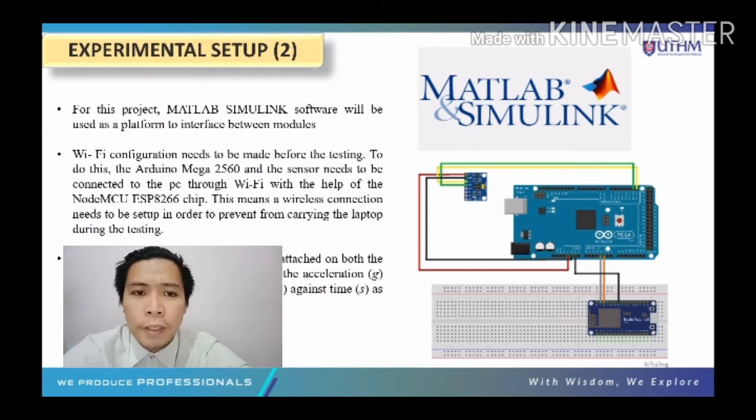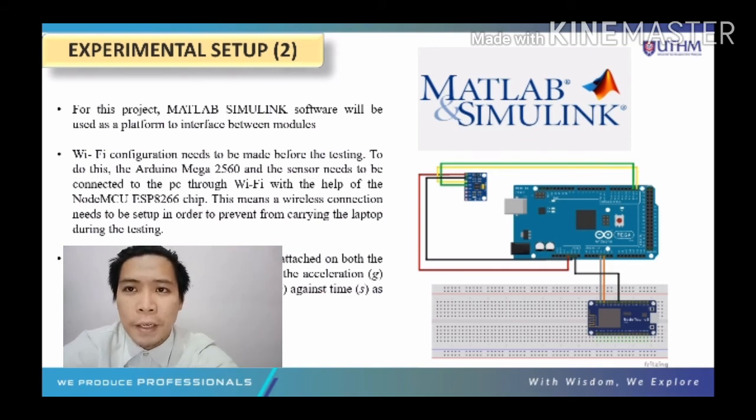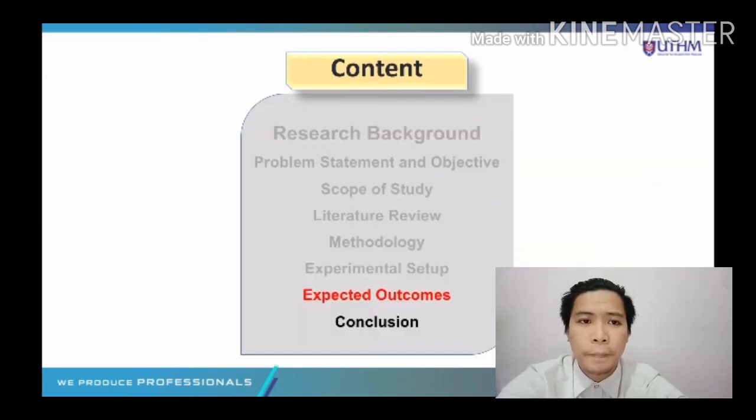In order to do this, the Arduino Mega and the sensor need to be connected to the PC through Wi-Fi with the help of the NodeMCU ESP8266 chip. This means a wireless connection needs to be set up in order to avoid carrying the laptop during the testing. Next one is the expected outcome.